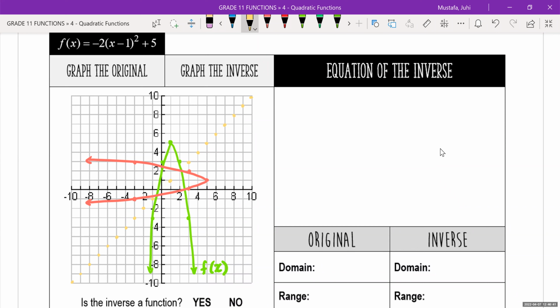Another thing I put on my graph is I know that the inverse is reflected over the y is equal to x line. So I usually show that with a dashed line. It's just the line that goes 1 up, 1 to the right, 1 up, 1 to the right. So you can go ahead and draw that in as well.